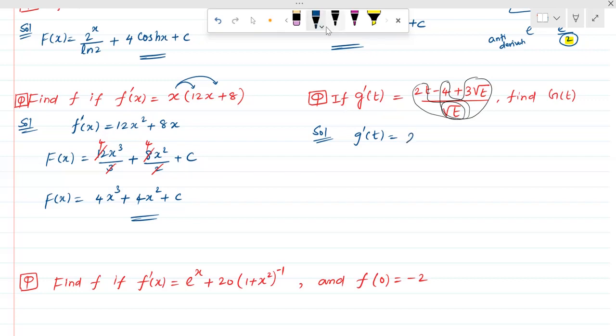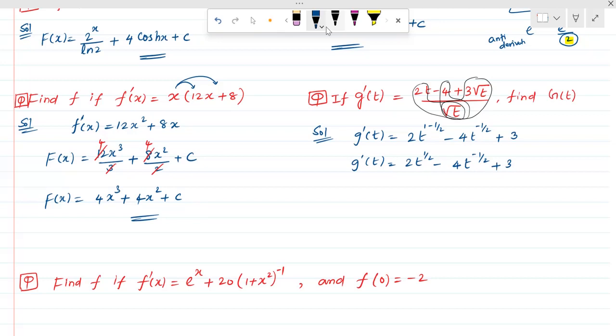It becomes 2 t power 1 minus half. Bring it up, minus 4 times t power minus half, plus 3 times root t over root t gets cancelled, you will get 3. So if you simplify, you will get 2 t power half minus 4 t power minus half plus 3.